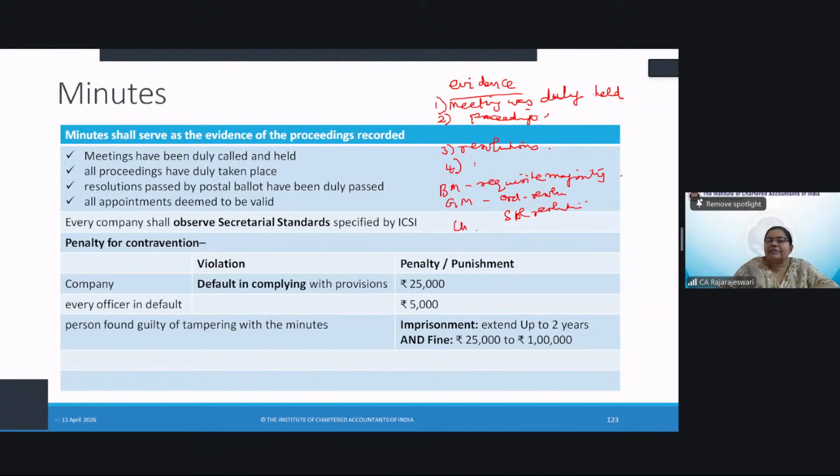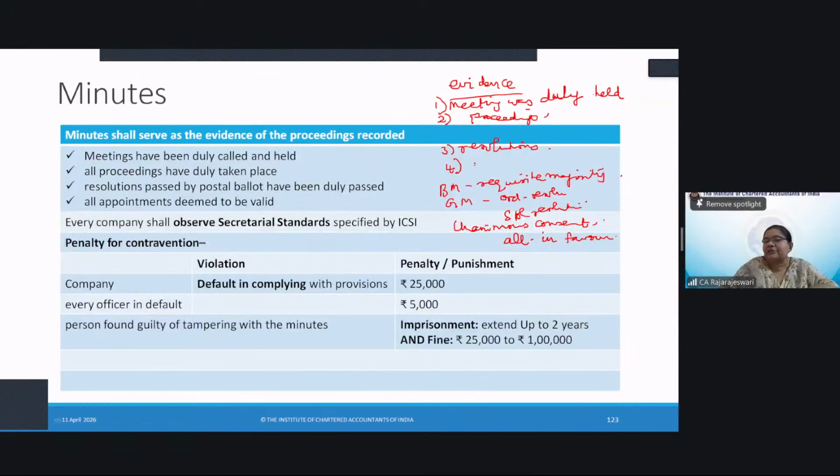Then unanimous consent means unanimous consent of all the directors present. All the directors have given their consent in favor. Then you record the minutes as unanimous consent, all in favor. They have given the decision in favor, or they have all agreed to that resolution.